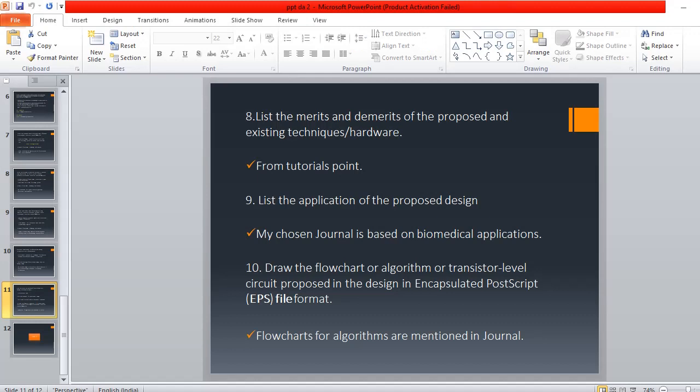Coming to the eighth question, given that to list the merits and demerits of proposed and existing techniques or hardware. For this question, first of all, I found the hardware components which are required for my floating point architecture, and I took the block diagrams of it, and also I took some merits and demerits of existing architecture from Tutorials Point.